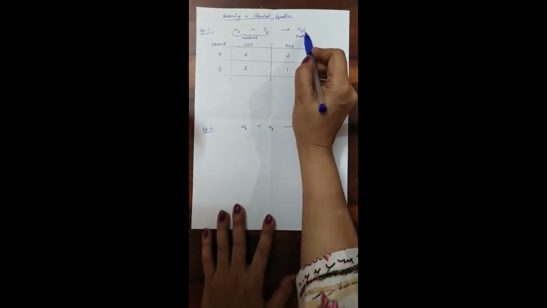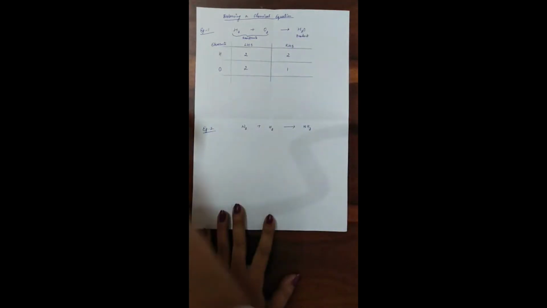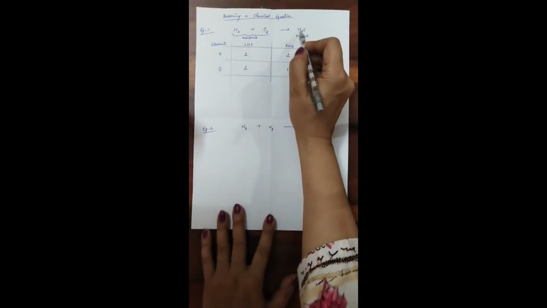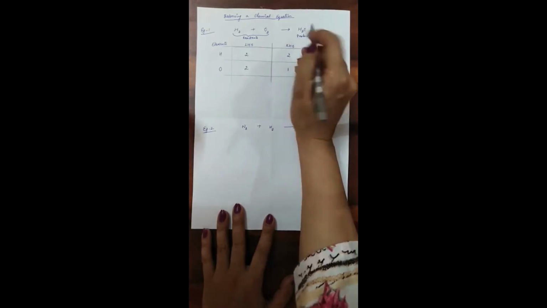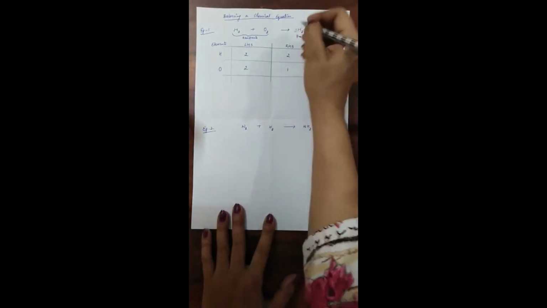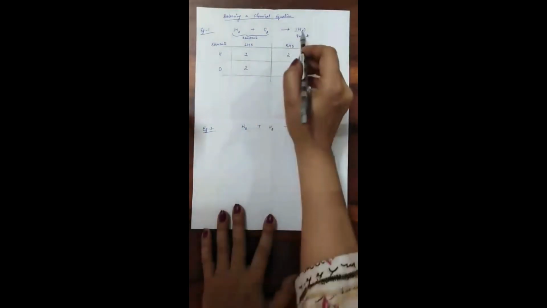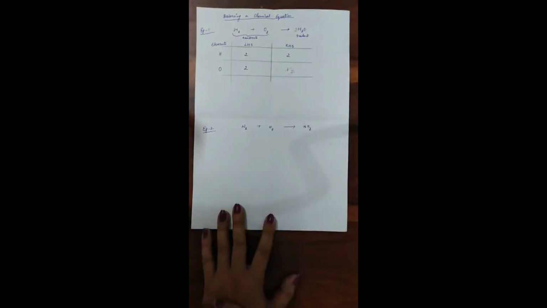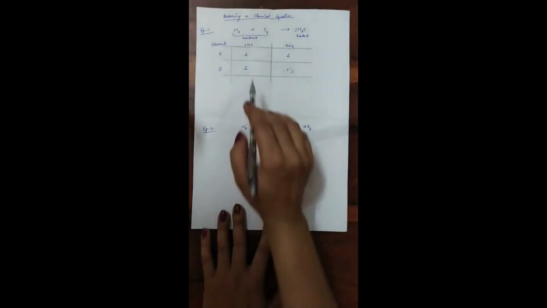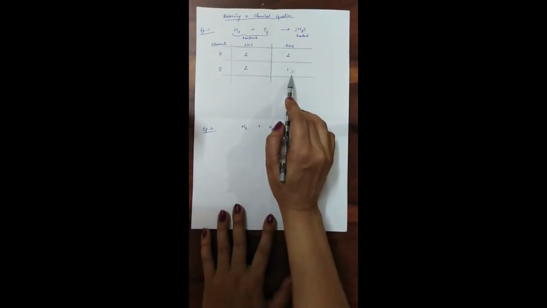How can we make this oxygen 2? This means which coefficient should be here, so that this number multiplied by 1 will make it 2. So your probable answer would be, if I add 2 here, 2 into 1 will make it 2. So I will write down 2. Now this and this are balanced, right?